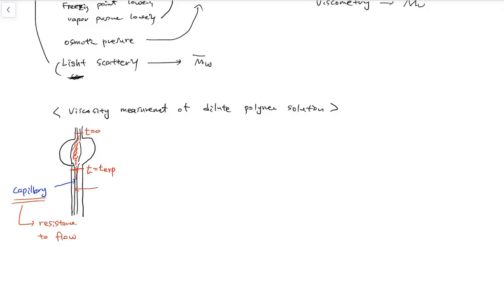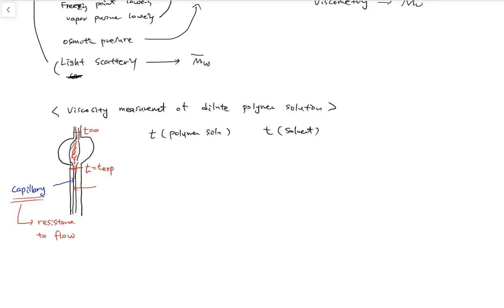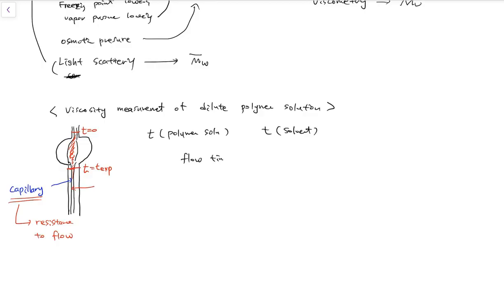Measuring the time is very easy, right? You can first measure the time of the polymer solution and the time for the solvent, and compare them. By comparing those numbers, you can determine the viscosity, because the flow time is proportional to the viscosity. If the solution is viscous, it takes more time, right?